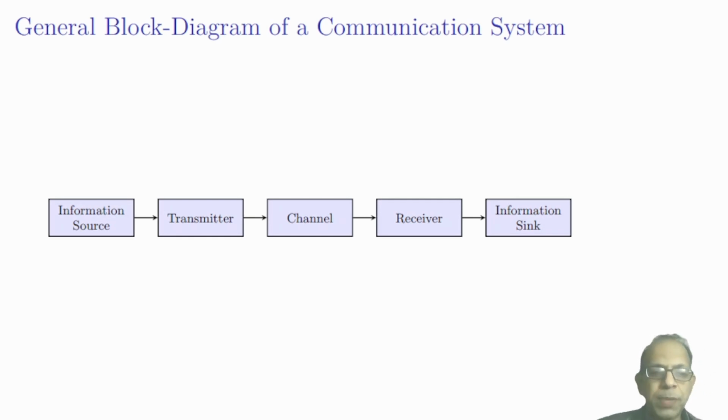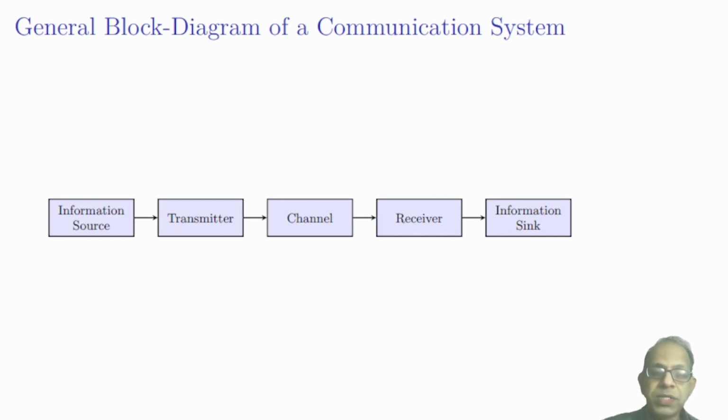Those impairments include interference and noise. So, the signal that is received at the receiver is the corrupted version of the transmitted signal. And that corruption has taken place because of the interference and the noise in the channel.